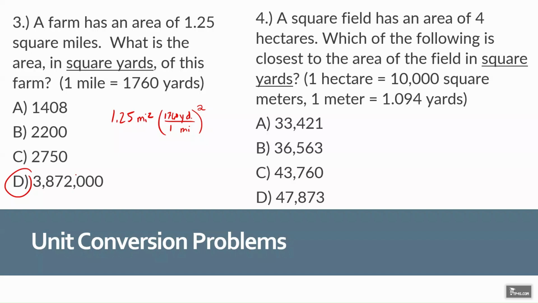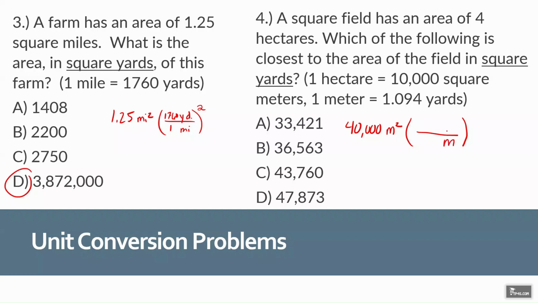We have 4 hectares, and which is closest to the field in square yards? Well, 1 hectare is 10,000 square meters. So I think I can say we have 40,000 square meters. Right? And I want to change that to square yards. This is where we have a linear conversion factor, but I need to work with squared units.